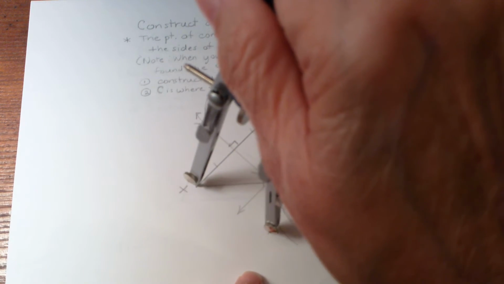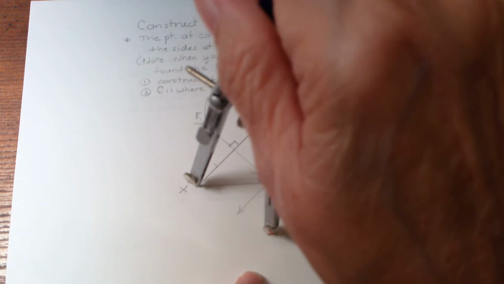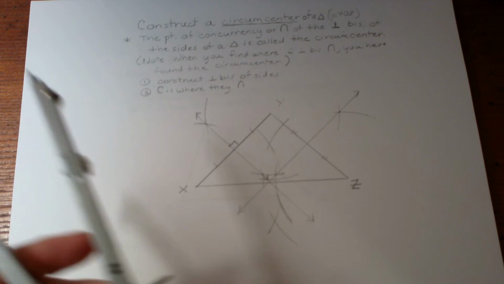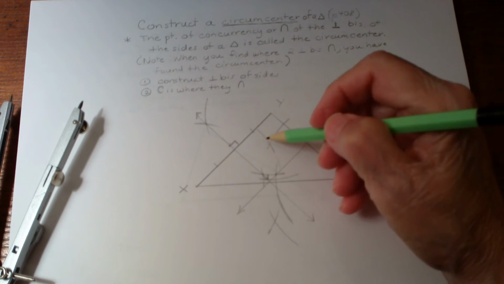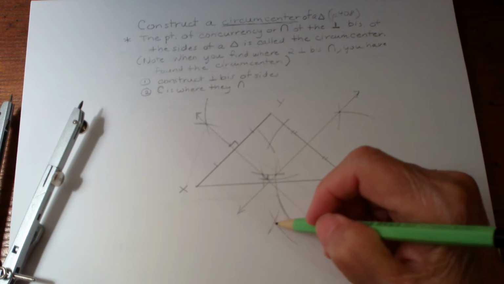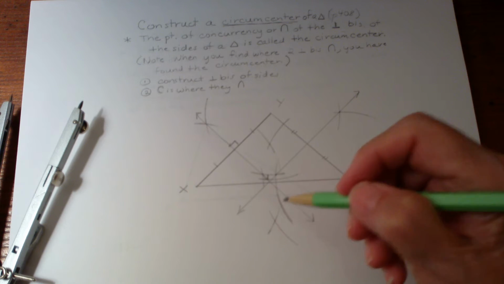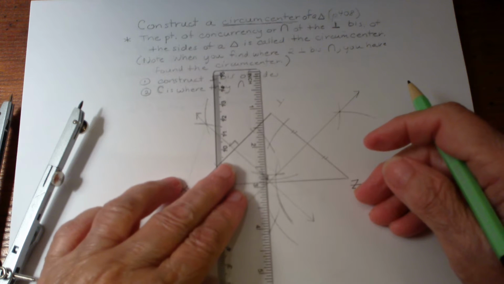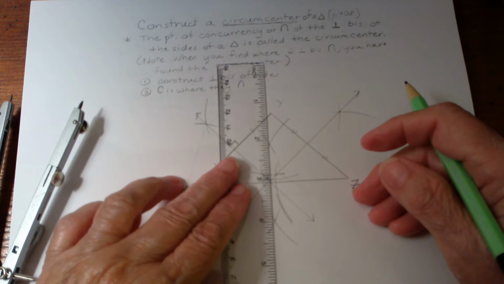Oh, I moved that, I'm sorry. So I get 2 new points. Again, I'm not labeling all of these points because you will just get lost in the points with my labeling. And I'm going to draw this perpendicular bisector.